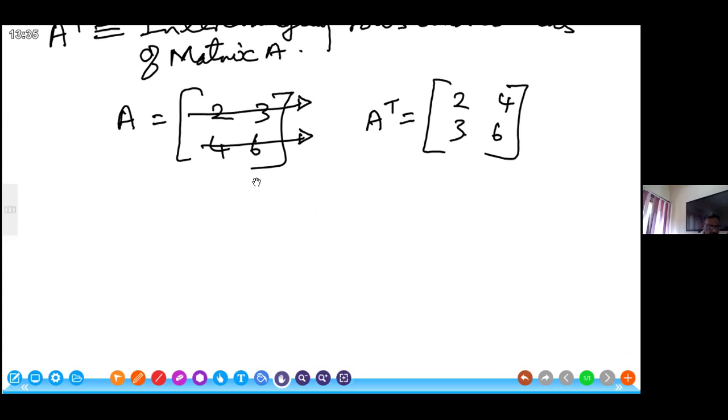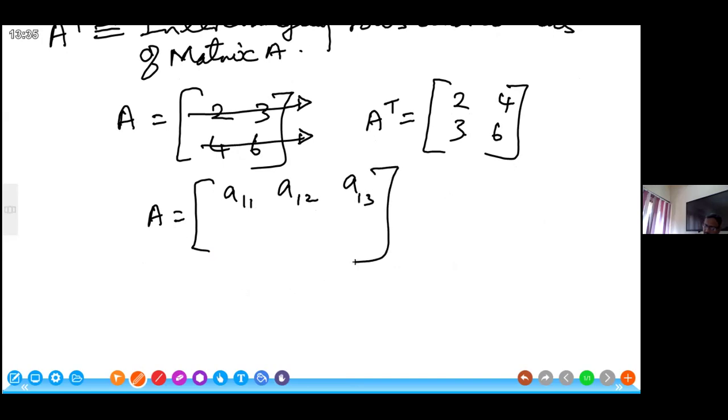For example, if you say matrix A as A11, A12, A13, A21, A22, A23.